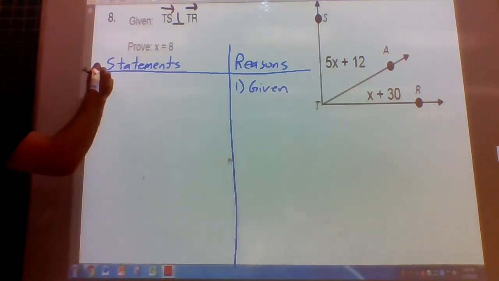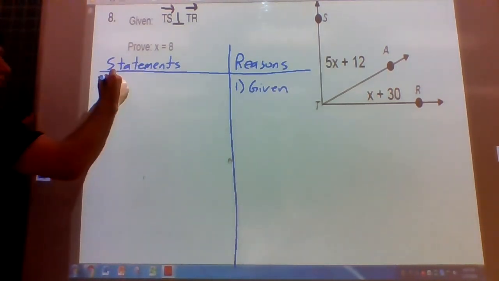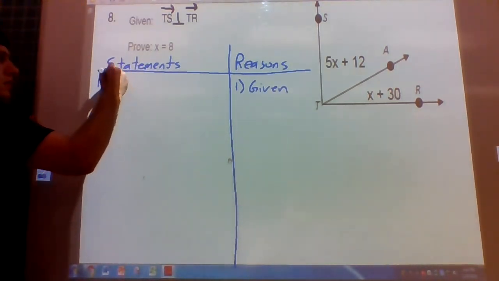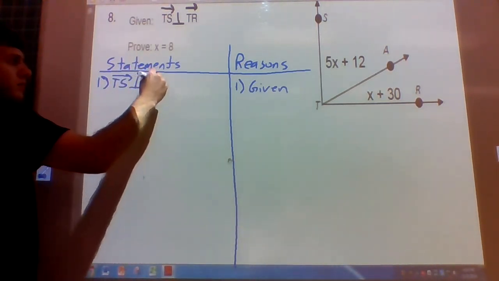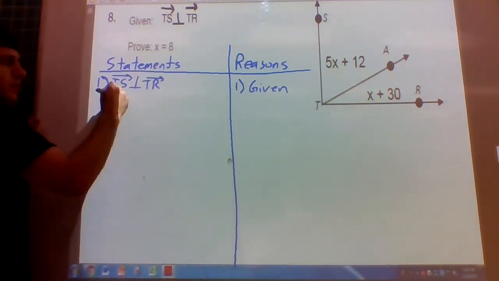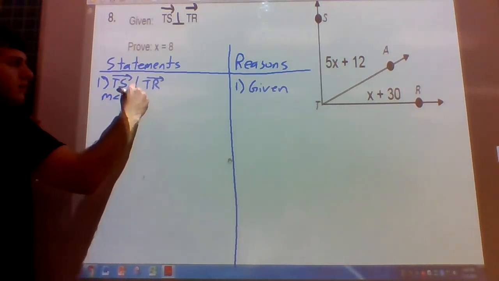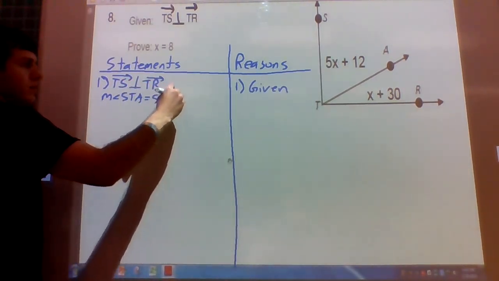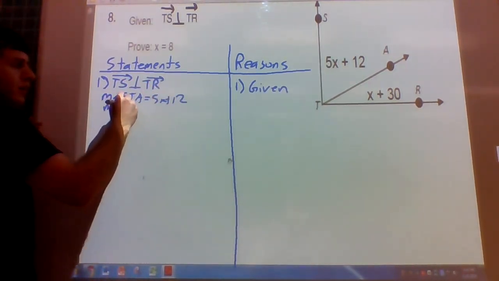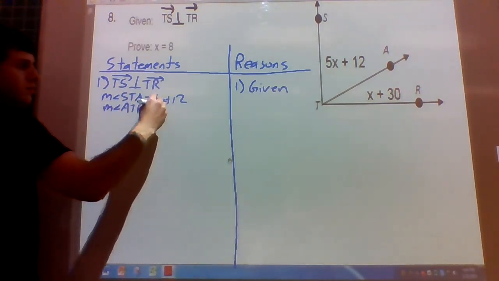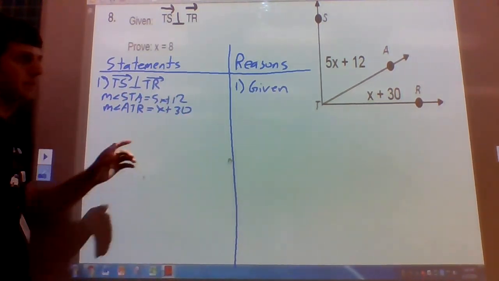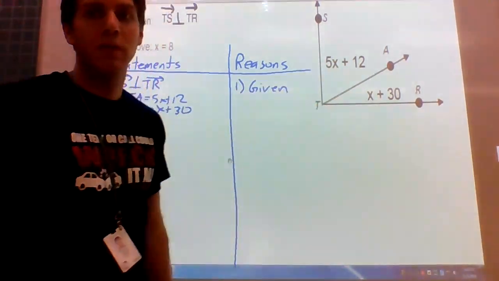What are we given? We're given 3 things here. We're given that TS is perpendicular to TR. But we're also given that the measure of angle STA equals 5x plus 12, and the measure of angle ATR equals x plus 30. So we're also given this.